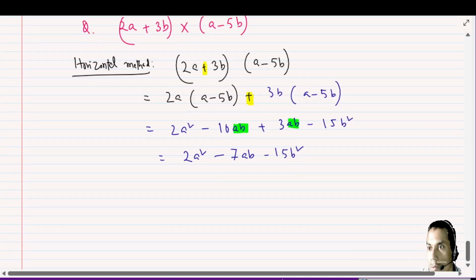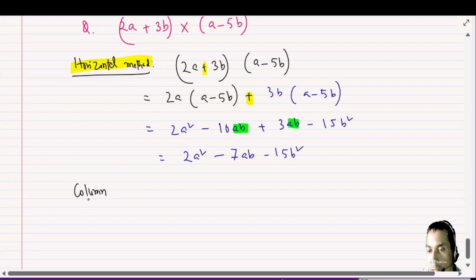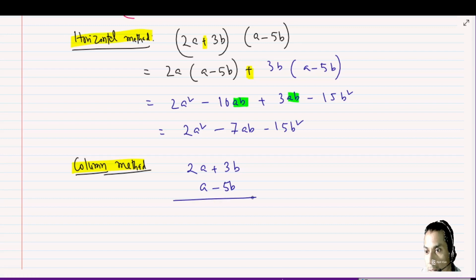Now do the column method. Okay, how can you do that? First you write the question: 2a plus 3b and here it is a minus 5b.